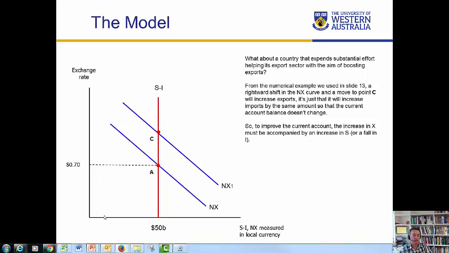So it is currently running a current account deficit, and it is actually bringing in foreign investment money equal to $50 billion each year to cover the shortfall of domestic savings over the domestic borrowing requirement. So this country's S-I line is vertical, but it's far to the left of the one I've drawn, at a value of minus 50 billion.